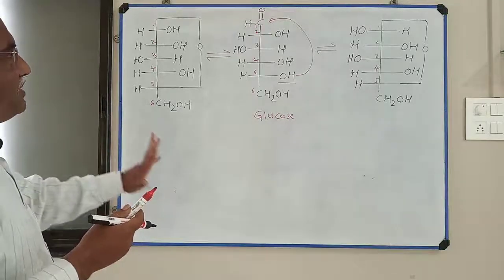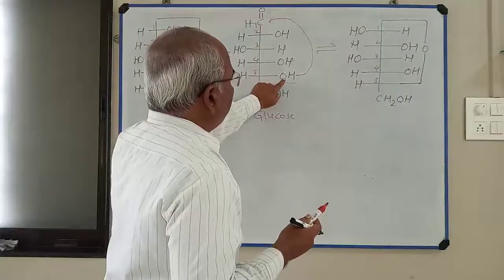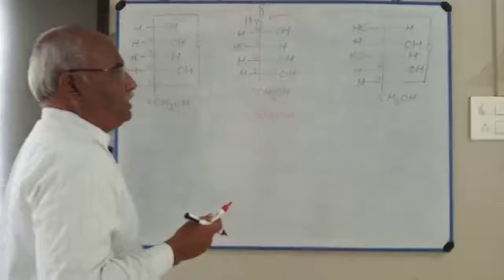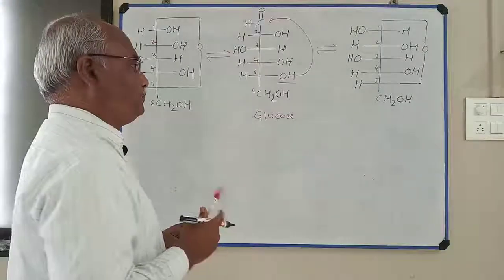Check whether it is correct or wrong. Remember, the addition of OH group takes place to this formyl group and we get two different structures.